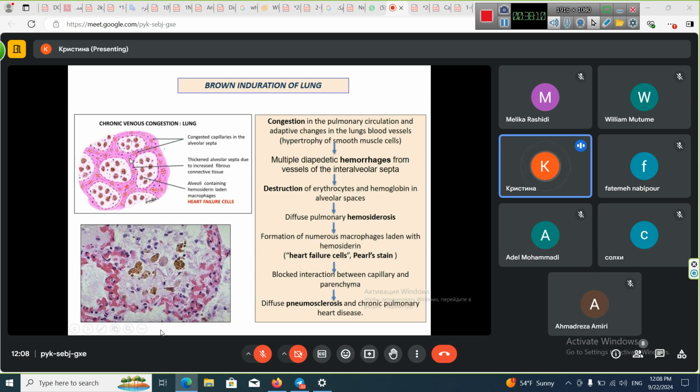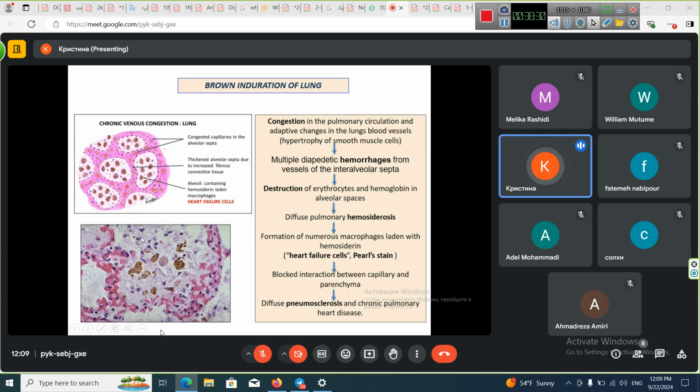And overgrowth of connective tissue is called sclerosis. So we have now pneumosclerosis. Pneuma means lungs. Sclerosis means overgrowth of connective tissue, mainly in the walls between alveoli.